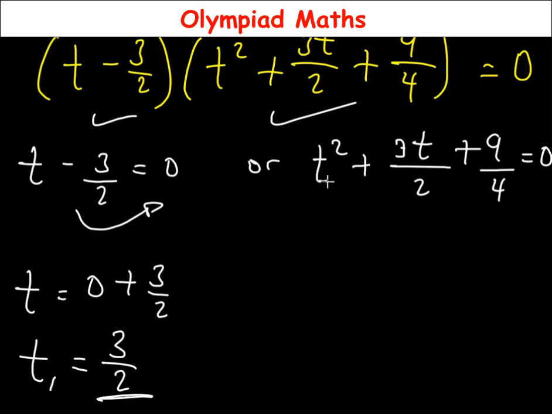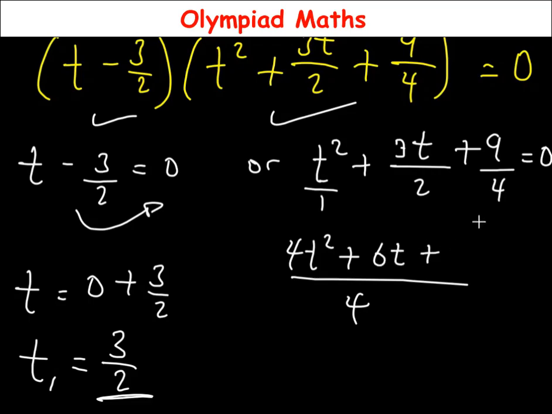Now looking at this, we can write t squared as over 1, such that we have denominators 1, 2, 4. Look for the LCM of 1, 2, and 4. And the common LCM is 4. So over 4. 1 will go in 4 times. 4 times t squared is 4t squared, plus 2 will go in 4 2 times, 2 times 3t is 6t, plus 4 will divide 4 once, 1 times 9 is 9, which equals 0.